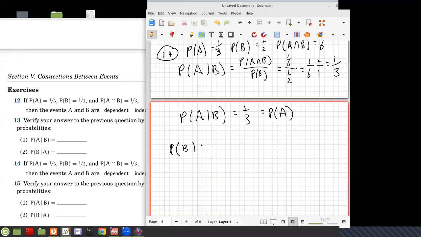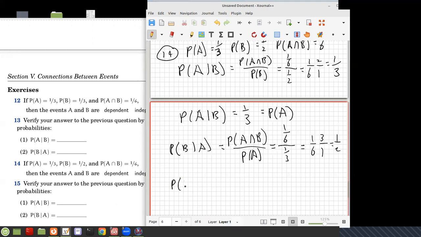What about this? There are two ways I could check whether these were dependent or independent. Well, this is going to be the probability of A intersection B over the probability of A. Well, the intersection is 1/6, and the probability of A was 1/3. So this was 1/6 times 3 over 1, which equals 1/2.